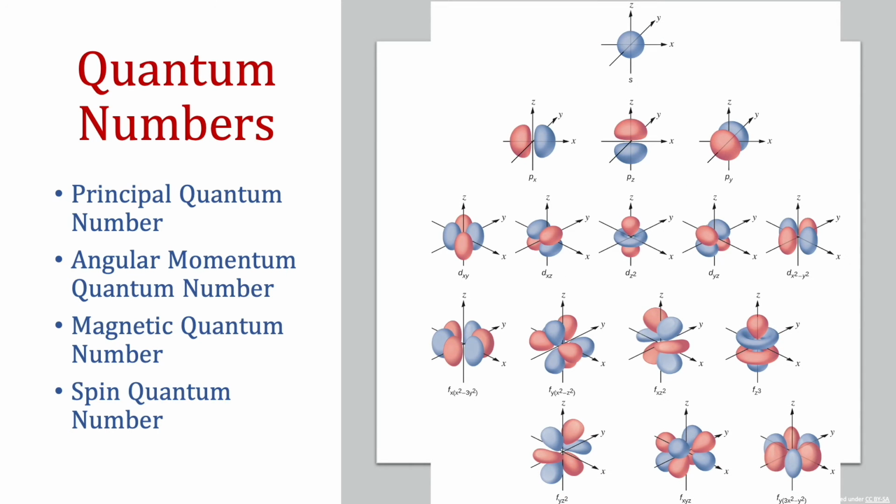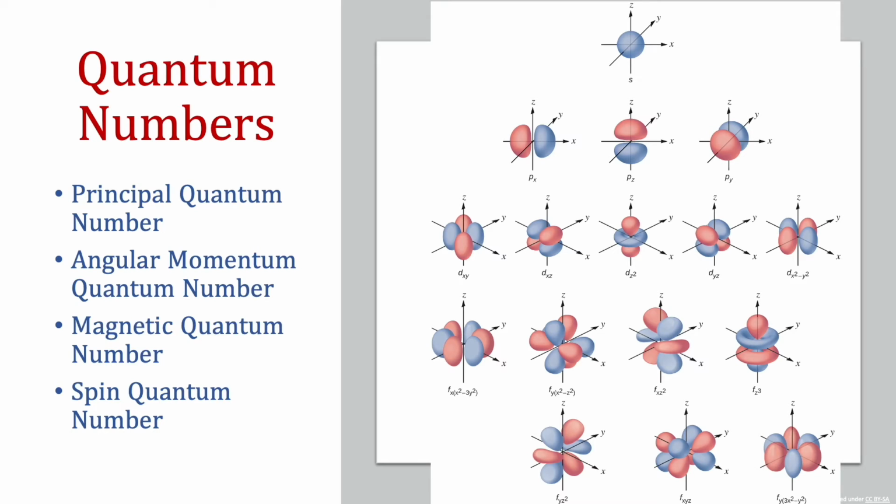Next, the angular momentum quantum number defines the shape of orbitals in an energy level. We discussed three main types of orbitals, s, p and d, a short while ago. These orbitals are represented by the angular momentum quantum number, and it gives the number of possible orbitals in a shell.